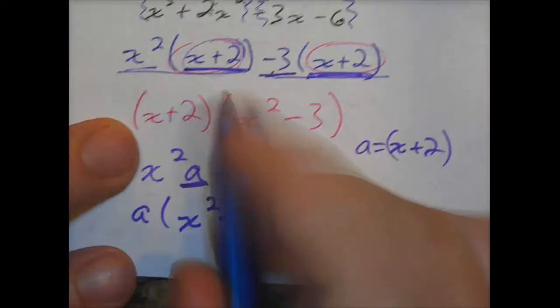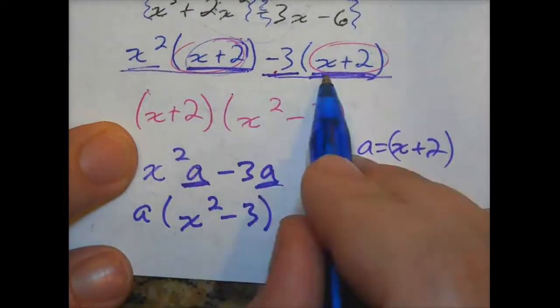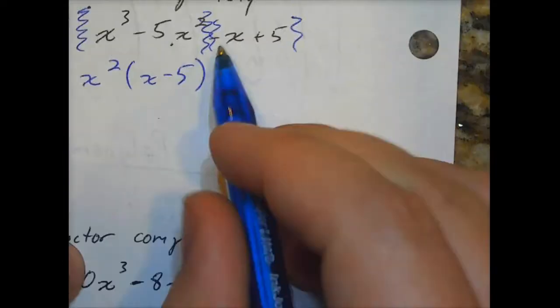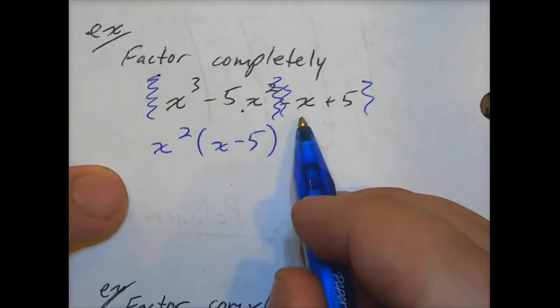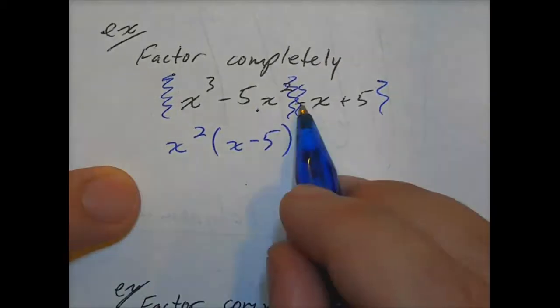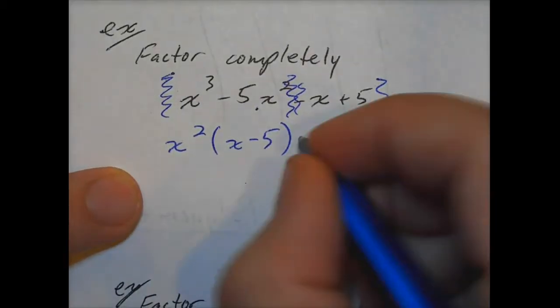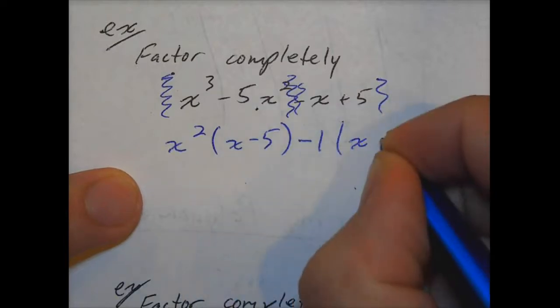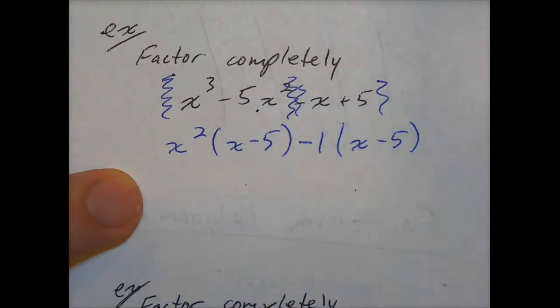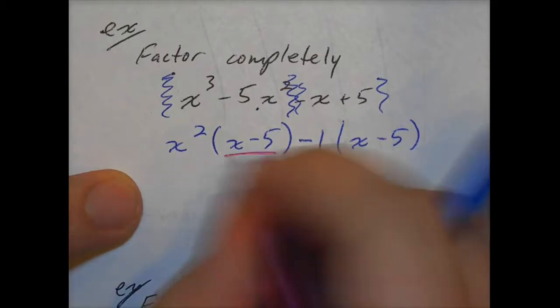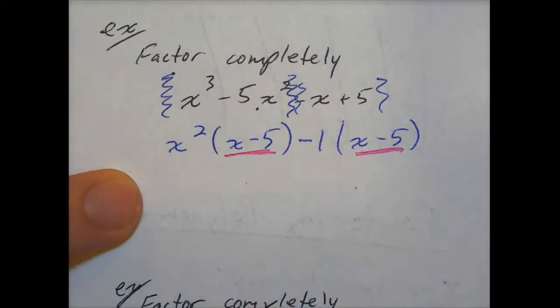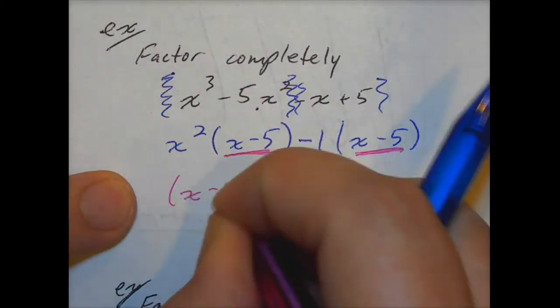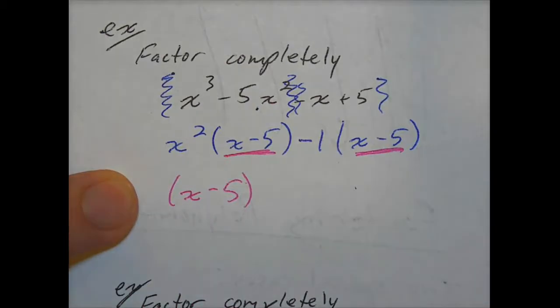Well, I'm really close because this is negative x plus 5. So if I factor out that negative 1, this turns into positive x minus 5, so that these are both the same term, and I can factor out that same term.